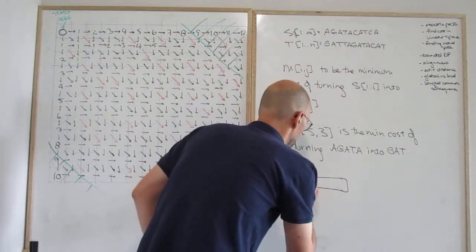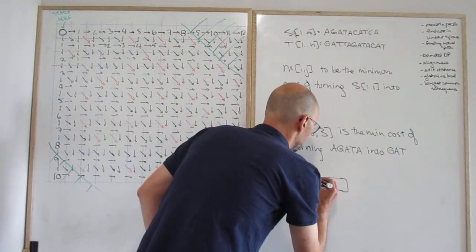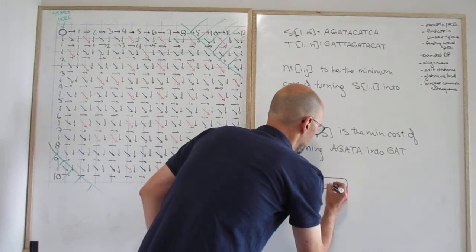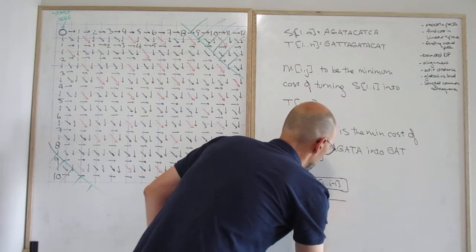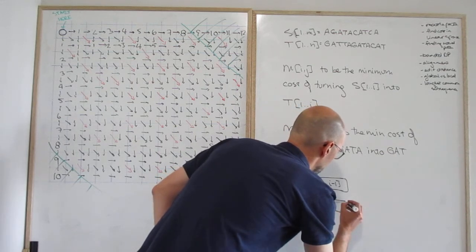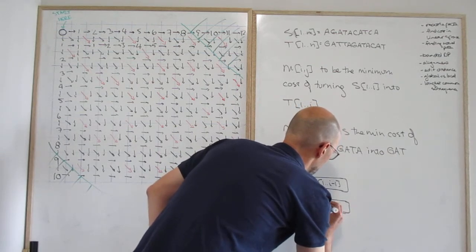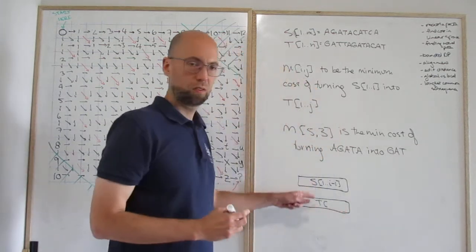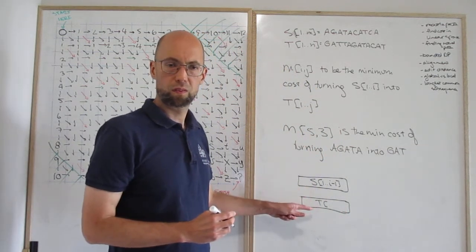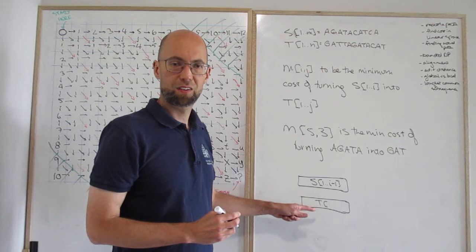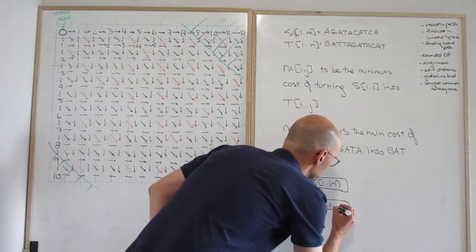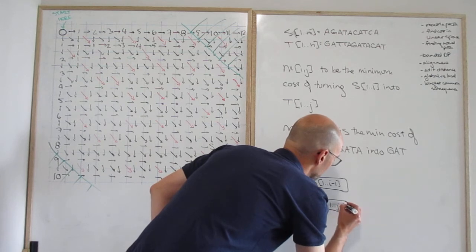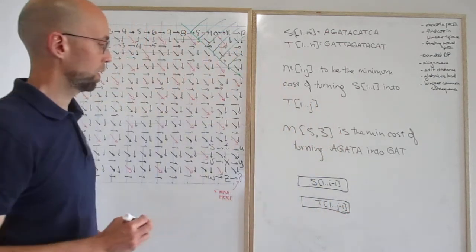So this is going to be S1 to I minus 1. And this is going to be T, can you read this? T1 to J minus 1. Okay?